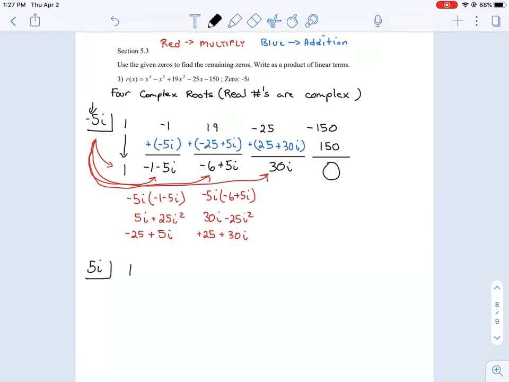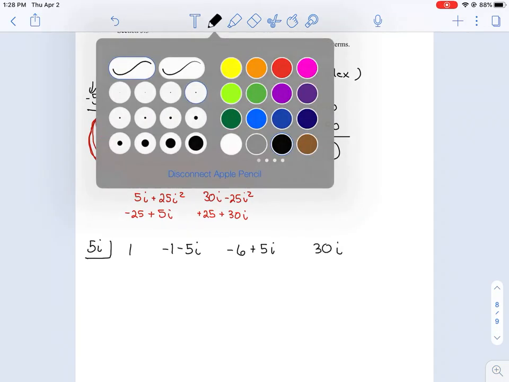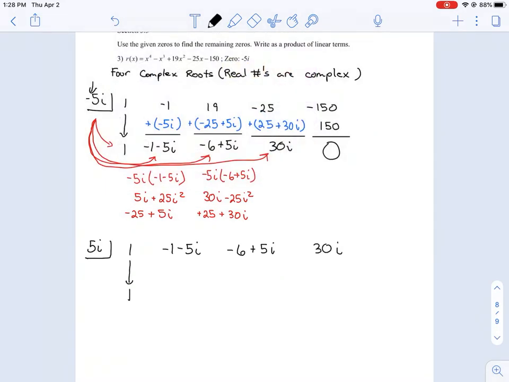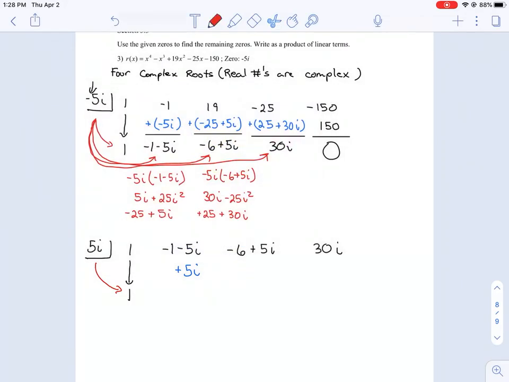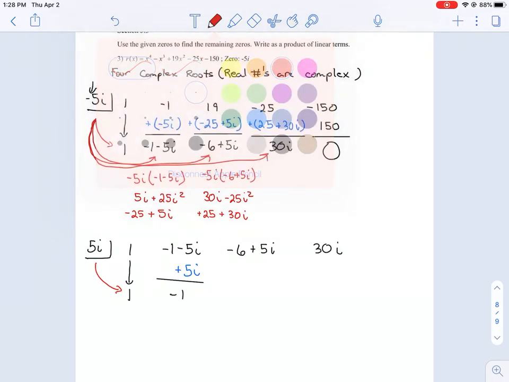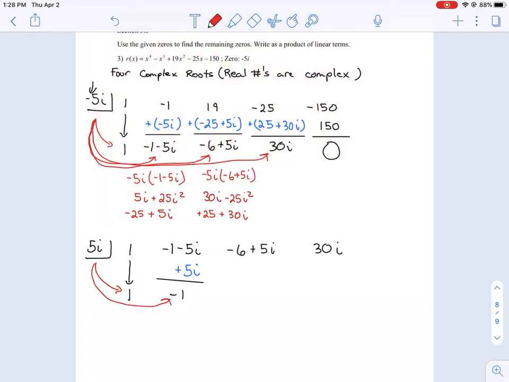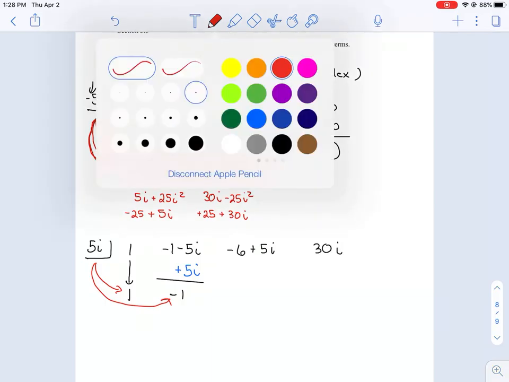So we're going to synthetic divide again by another complex number. Here we go. Bring the 1 down. 5i times 1 is a positive 5i. Negative 1 minus 5i plus 5i is negative 1. 5i times a negative 1 is negative 5i.